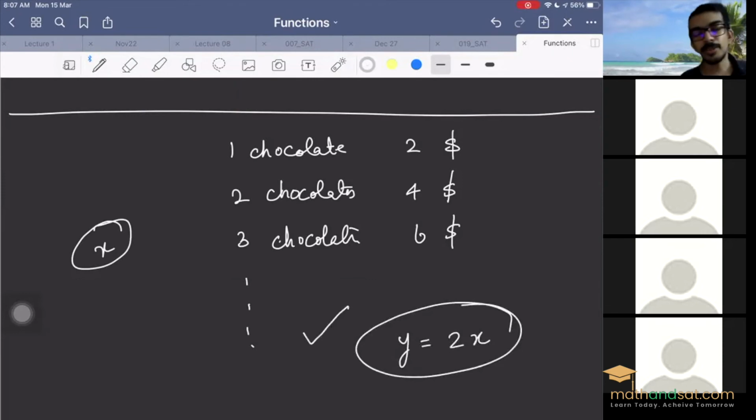Somebody tells you that I need to get 75 chocolates. So how will you work it out? Simply say that the amount of money required to get 75 chocolates will be 75 times 2. That will be $150. Got it? So this is the simplest case of a linear function.